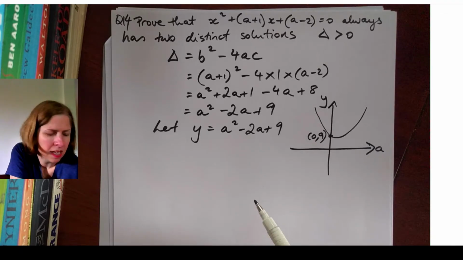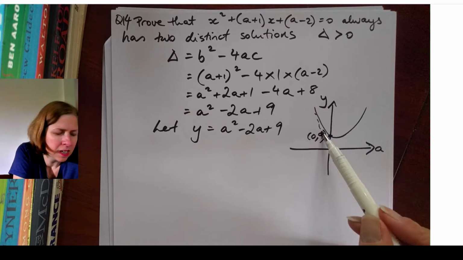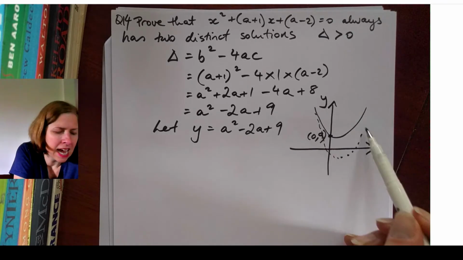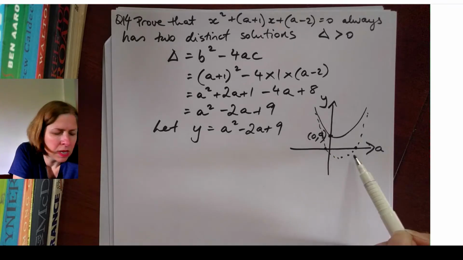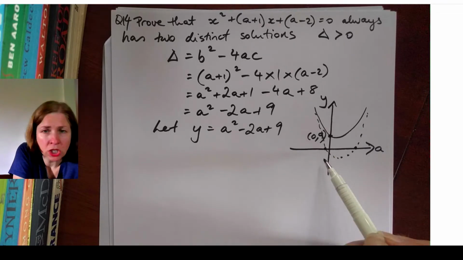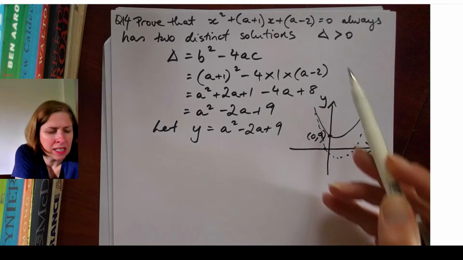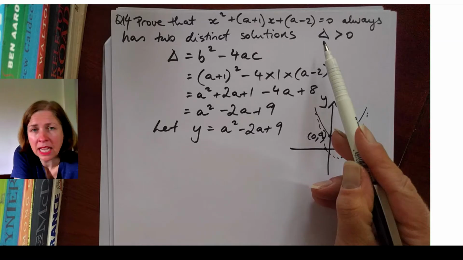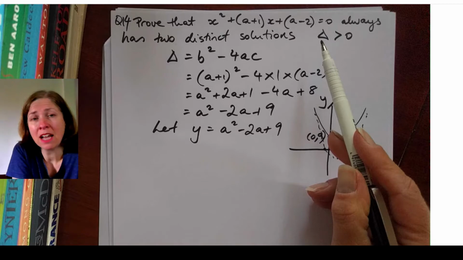But the most important thing I need to establish is that this particular graph never comes down below the a-axis and it doesn't give me a negative region for y. If I get a negative region here, then that means this discriminant is sometimes negative, and therefore it will not always have two distinct solutions.